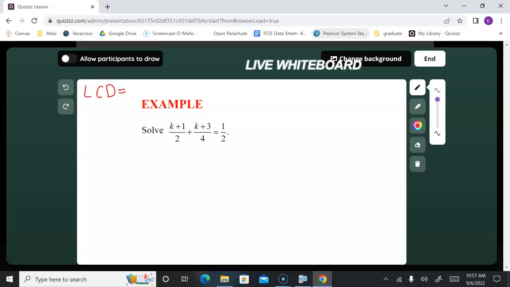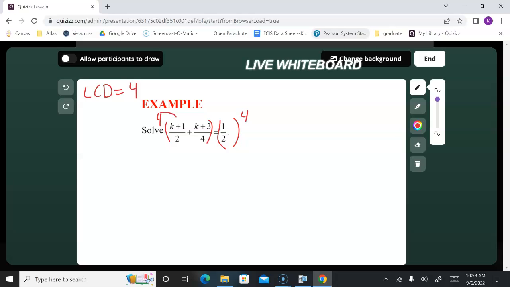The smallest number that can be divided by both of these. So I have an LCD of 4. So what I'm going to do is multiply everything by 4. The goal is to get my denominator to clear or to cancel.